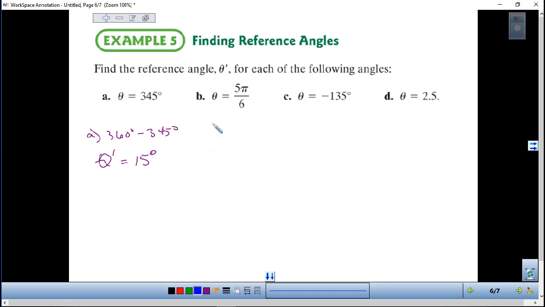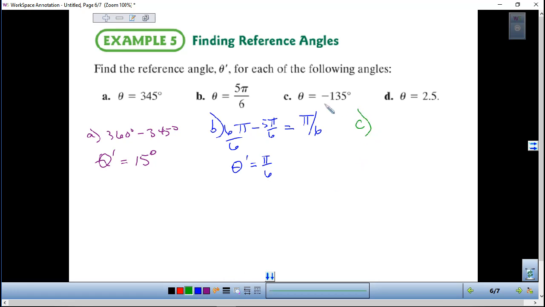Part B, 5 pi over 6, that's going to be in quadrant 2. In quadrant 2, I'm going to have 180 degrees or pi, and I'm going to subtract my theta. So this is going to be 6 pi over 6 minus 5 pi over 6, which gives me pi over 6 as my reference angle. So theta prime equals pi over 6.